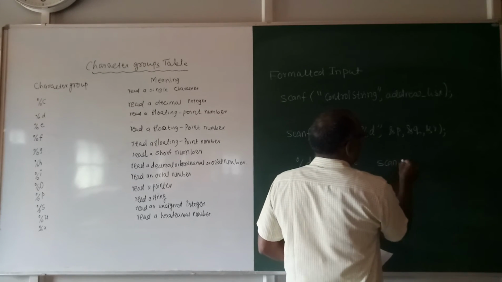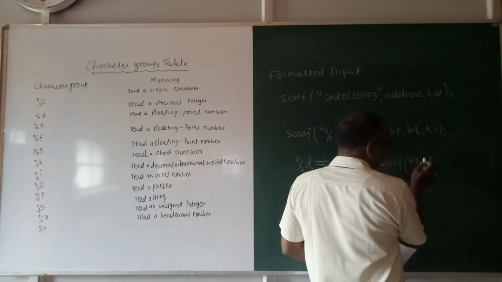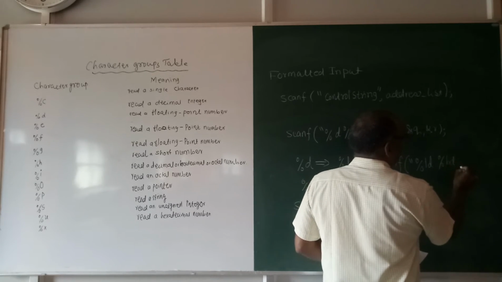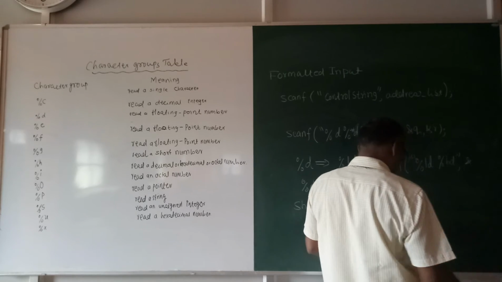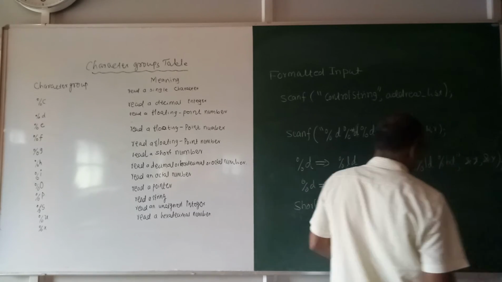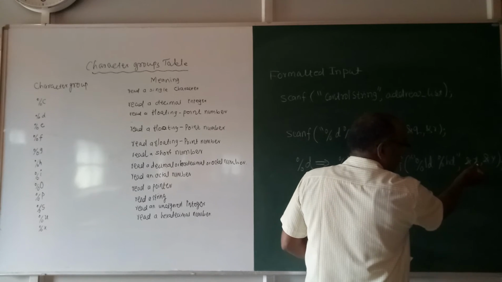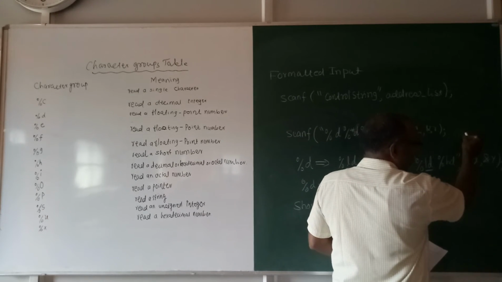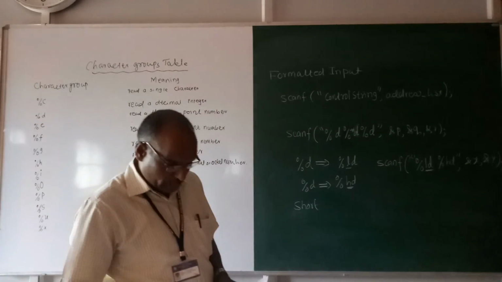So example scanf, inverted double quote, percent symbol LD, whether you give comma or leave it, HD, and then complete this, comma, ampersand X, ampersand Y. This variable which is declared as integer will have a long integer, and this variable which is declared as integer in a declaration part will have short integer.